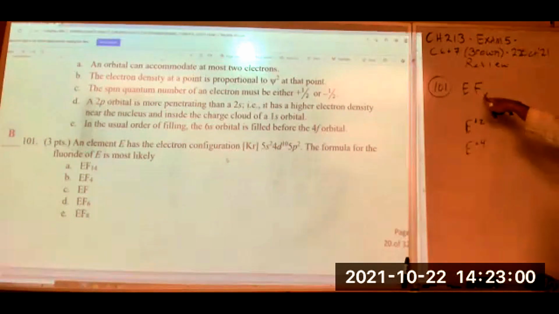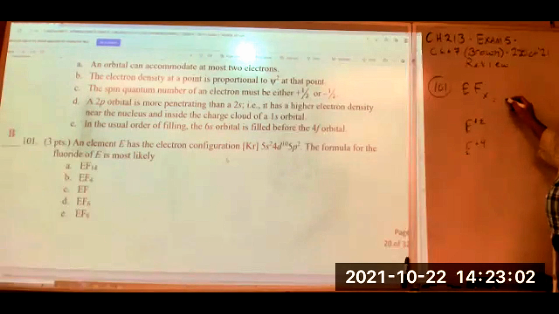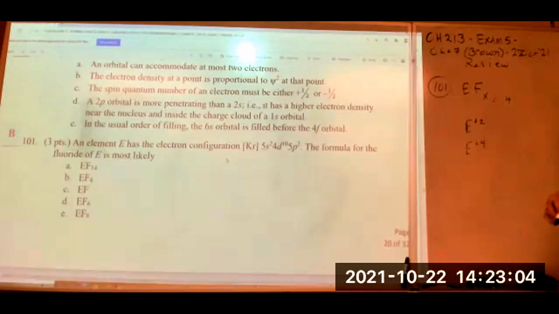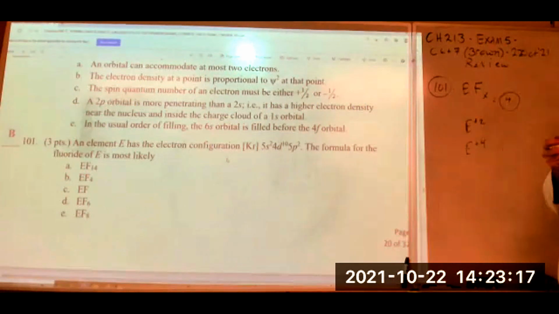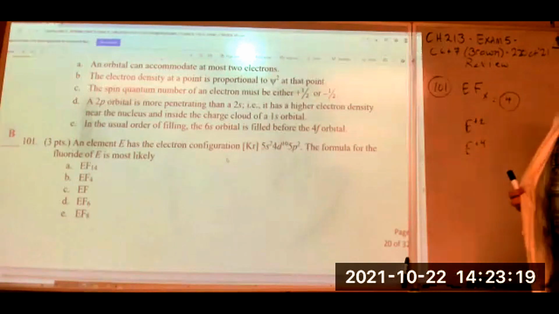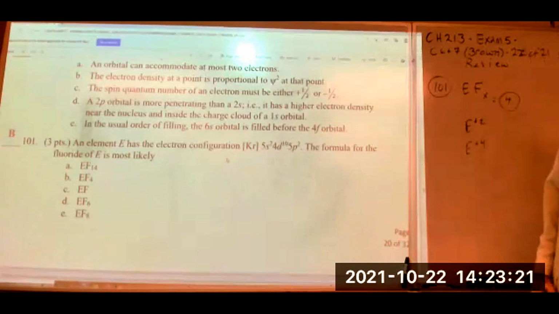So that means this could either be 2 or 4. And then you look at your choices, right? It's not 14, it's not 1, 6, or 8. So EF4 is the best answer out of that bunch. Okay, and that's true about 10: 10 occurs in 2 ions, in a +2 and a +4.